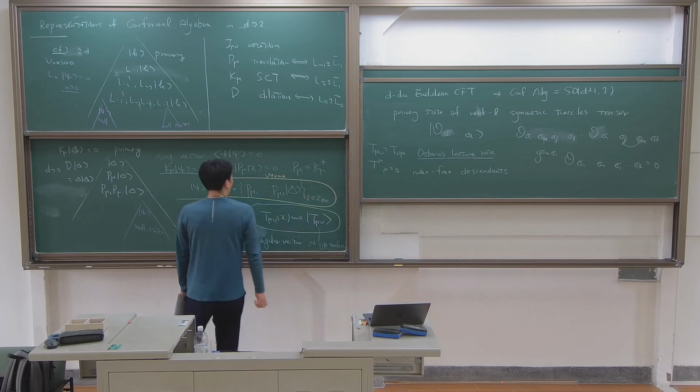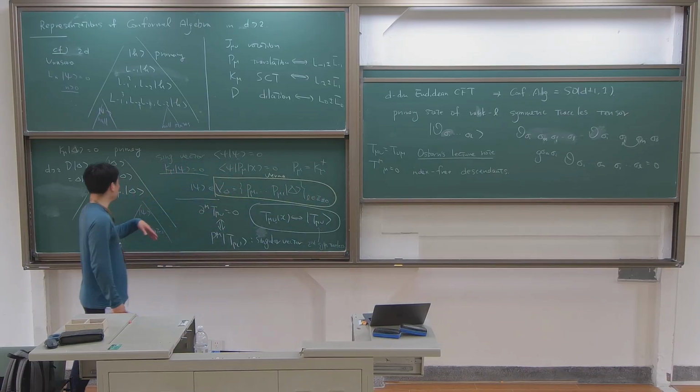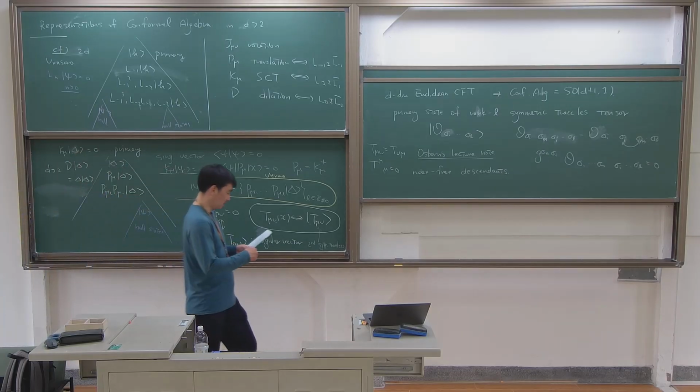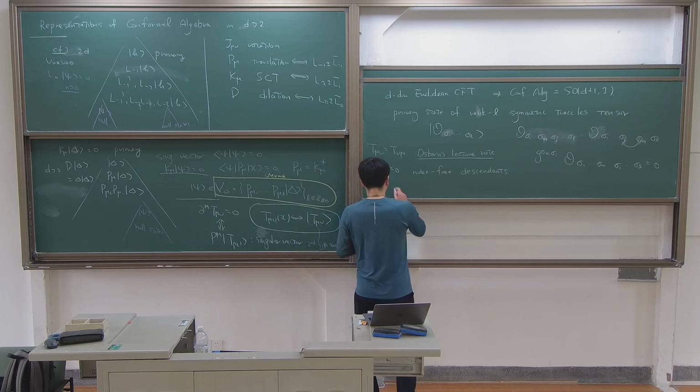Index free means that, since this is a Verma module, you apply lots of P mu and you have a lot of indices showing up in the Verma module, but I want to avoid that.